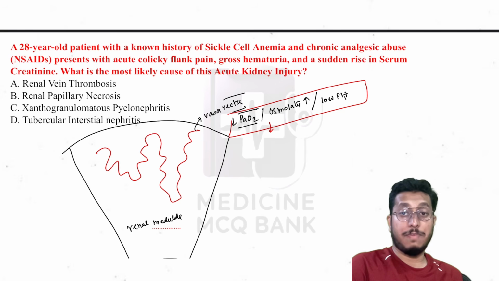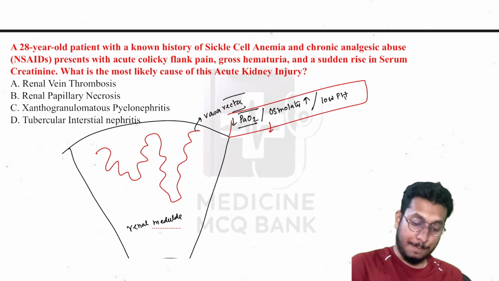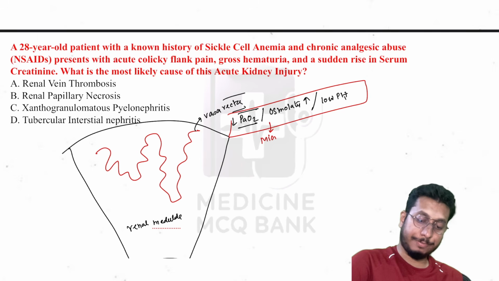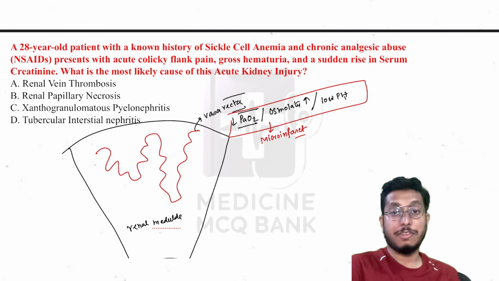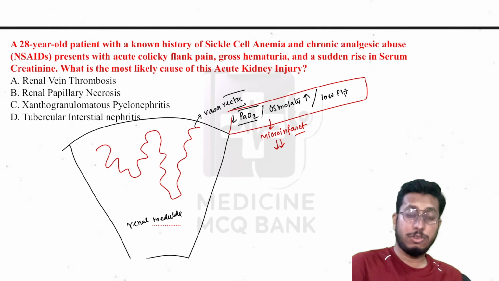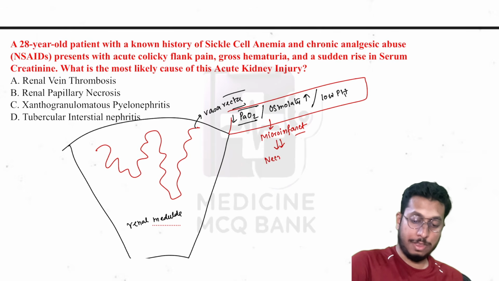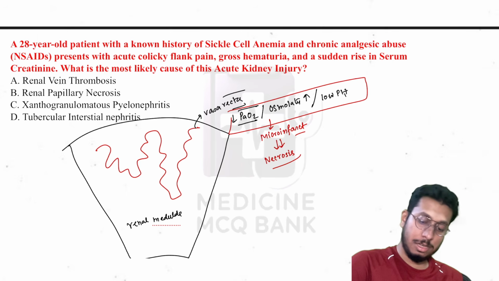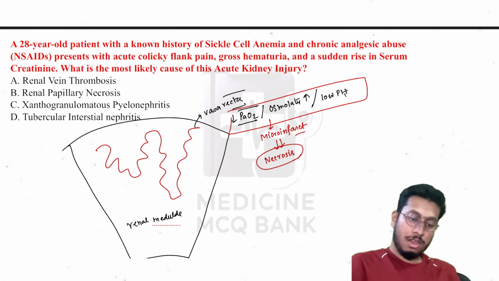High chance of sickling of RBCs in the small vessels supplying the papillae will result in microinfarct formation, and eventually this microinfarct will lead to necrosis.